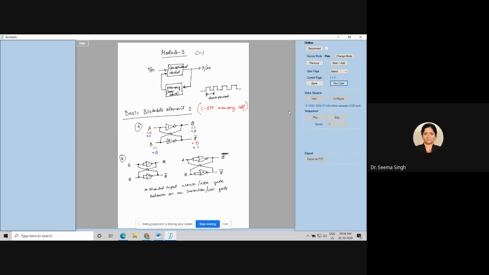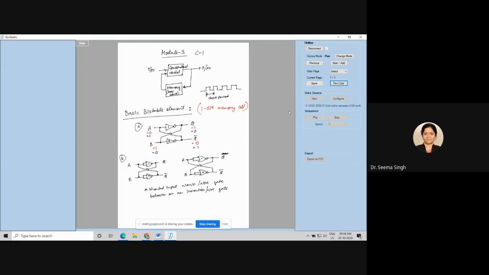These 3 types of 1-bit memory cell we have seen are also called basic bistable element. All the 3 circuits are same. Any doubt in this? Can we go on to the next topic? Yes, ma'am. Okay, so whatever I do, you have to keep on copying along with me.